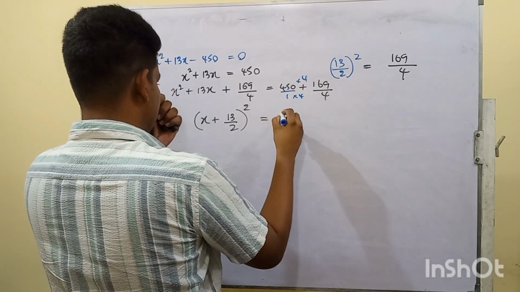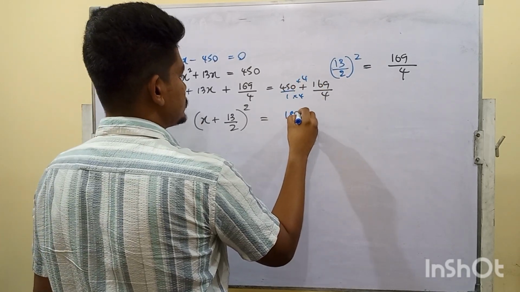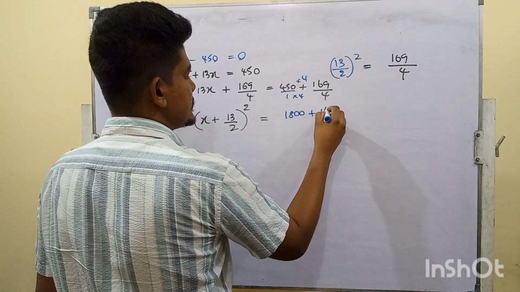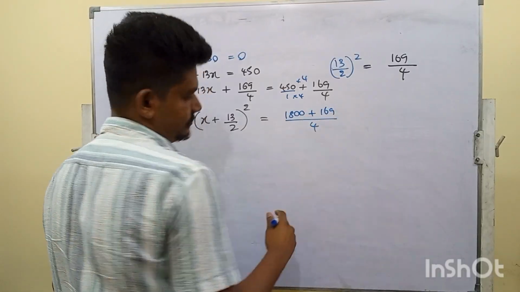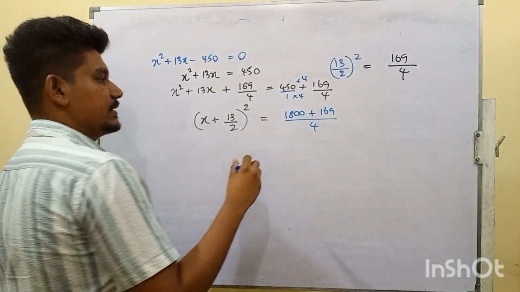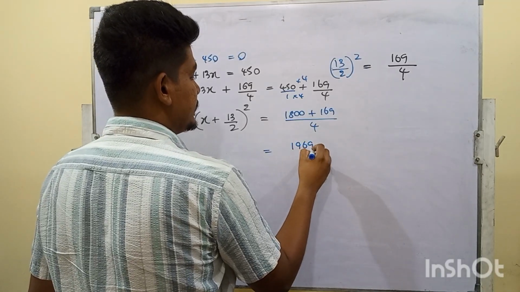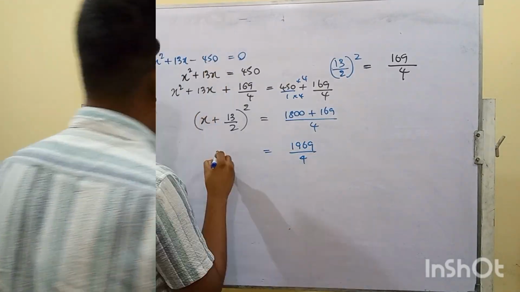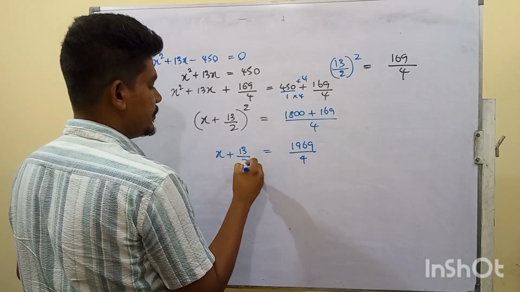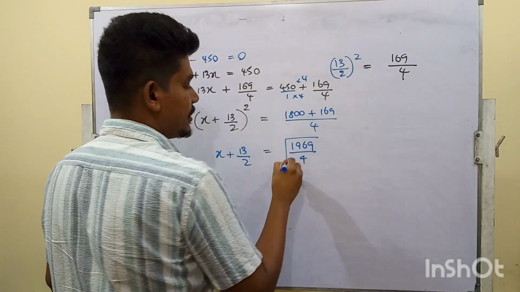This will be 1800 plus 169, over the denominator 4. We have the common denominator now. So now this becomes 1969 over 4. That is the square of x plus 13 over 2, and taking the square root on the other side.